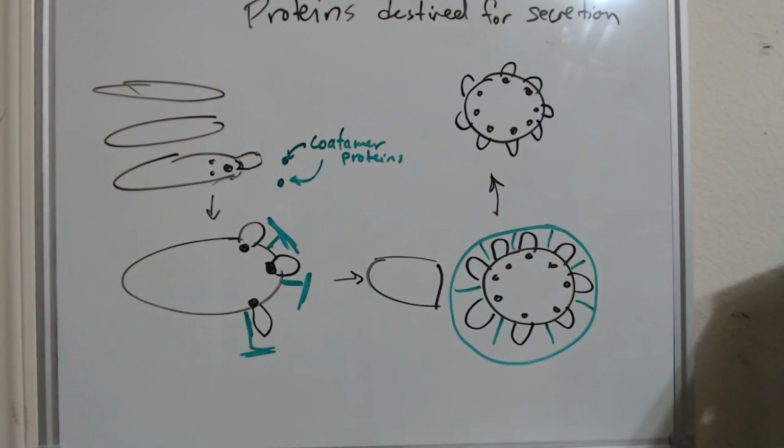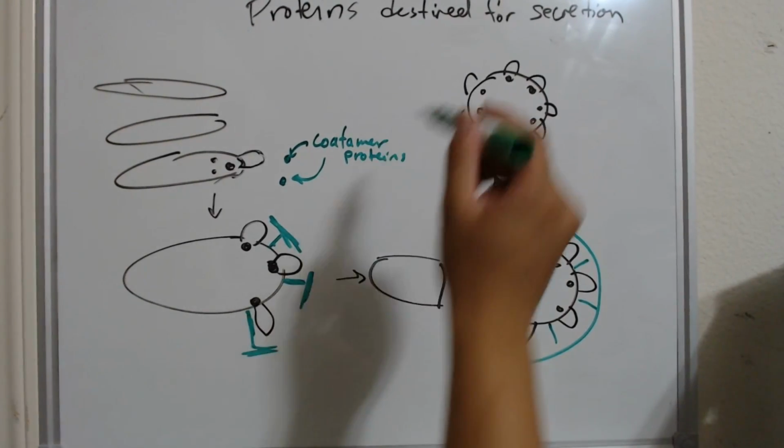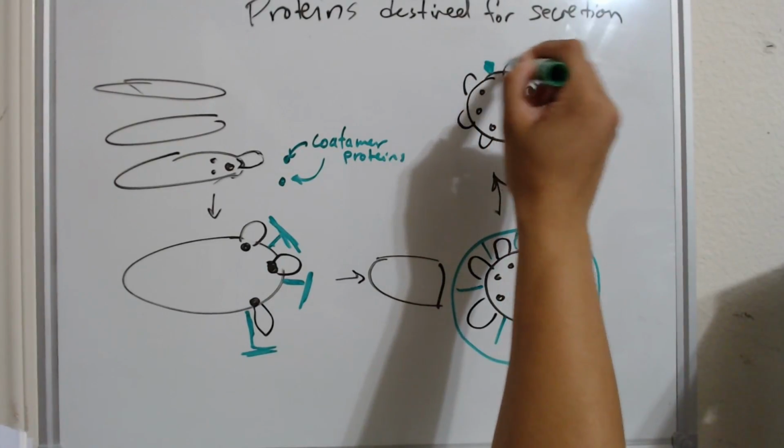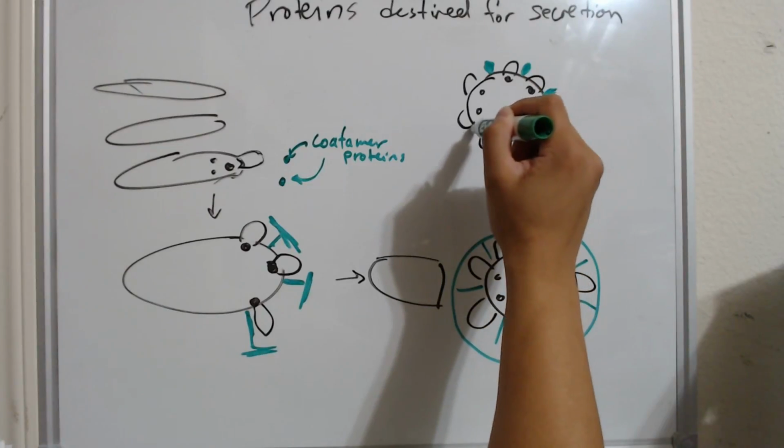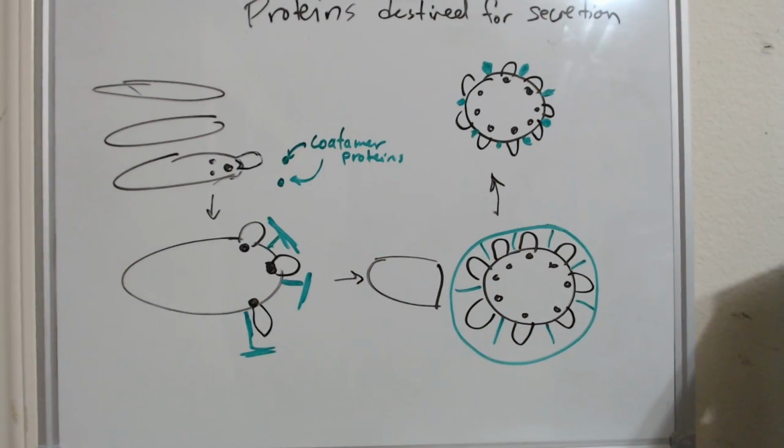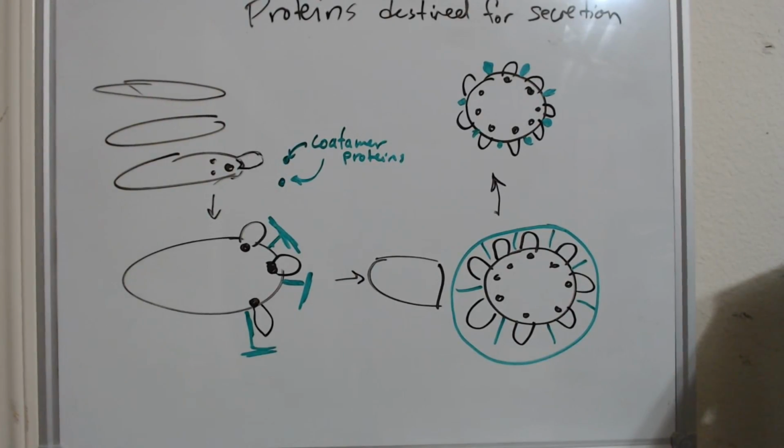So I don't have another marker. So let's say there are these V snares right here. These are V snares that were under the coatomer proteins that are now revealed once the coatomer proteins dissociate in the cytoplasm after this whole thing becomes a vesicle.